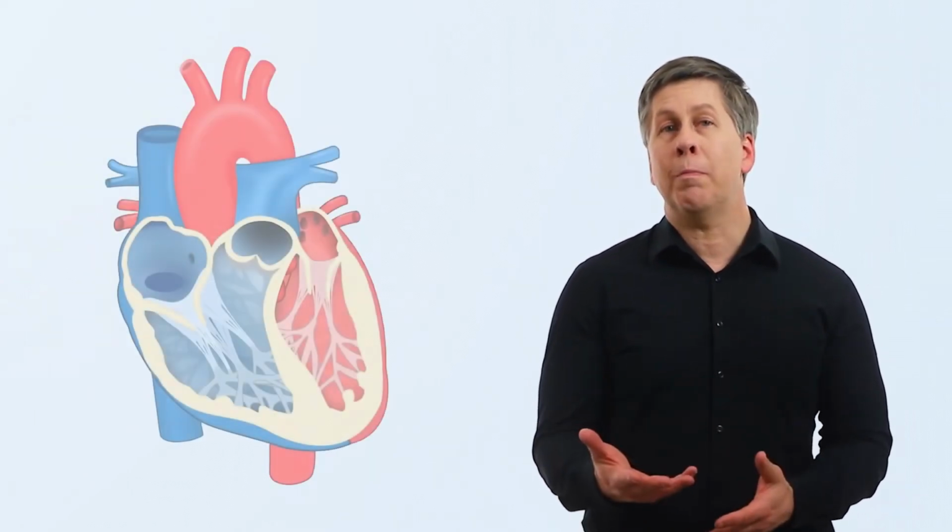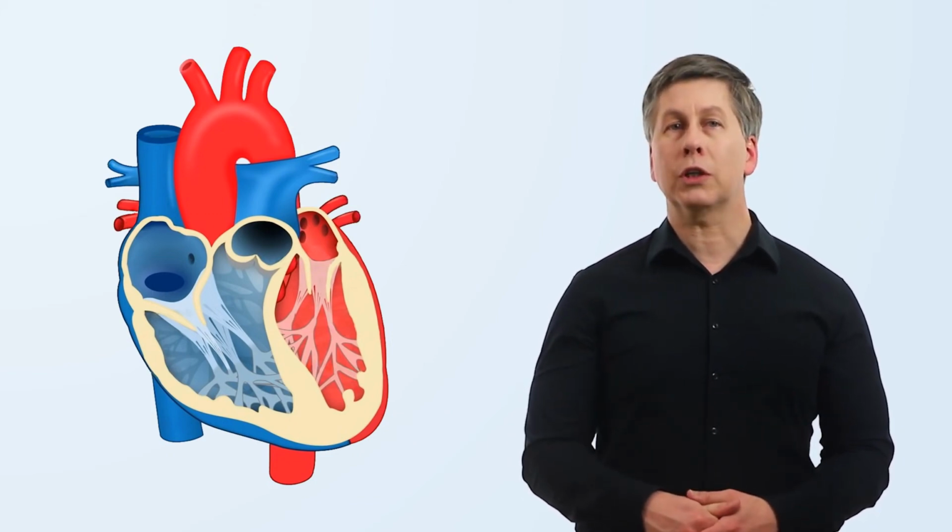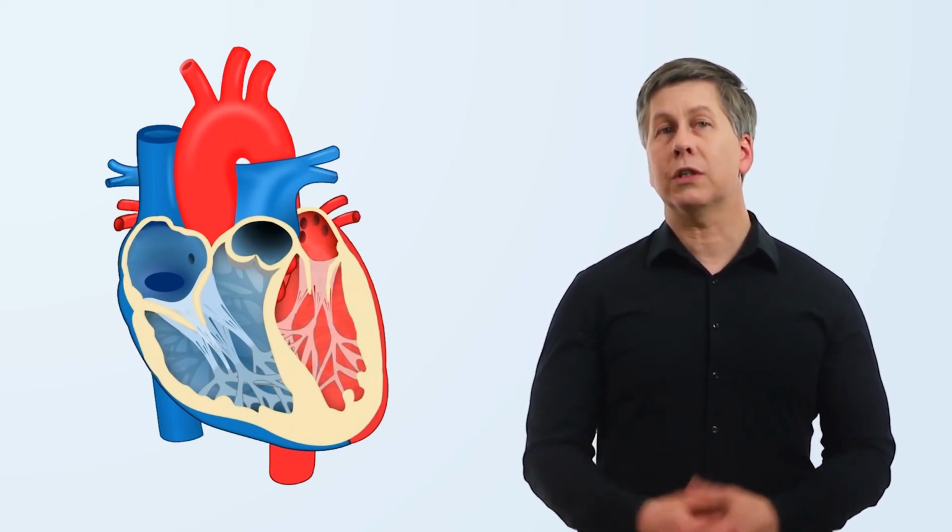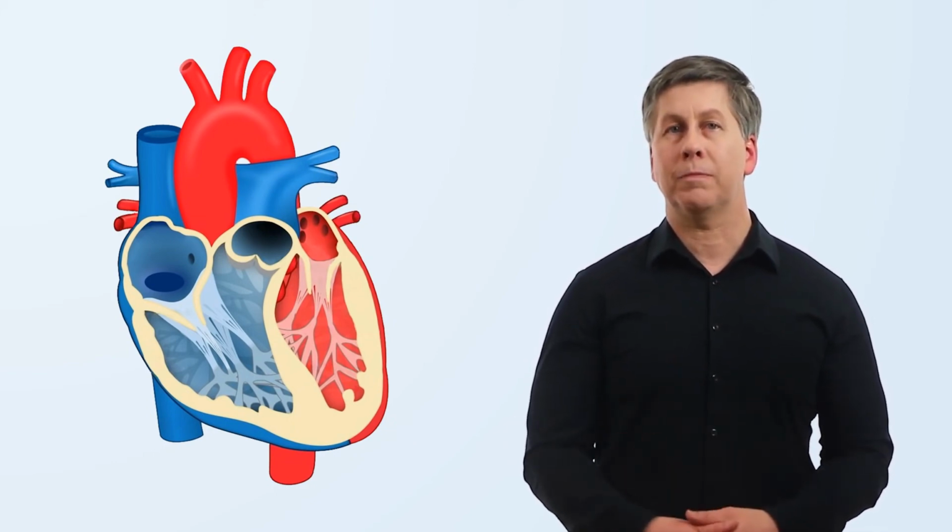I'll start with this view, but I'll switch around to other images as needed. On the most basic level, the heart's physical structure consists of 4 chambers surrounded by muscular walls, 4 valves, a handful of so-called great vessels, and a number of minor vessels.